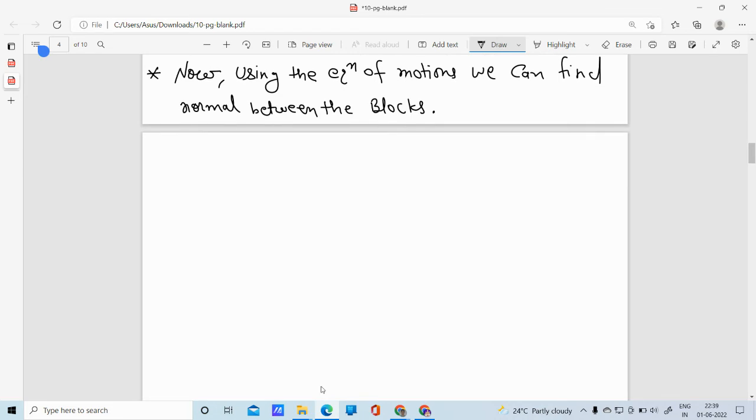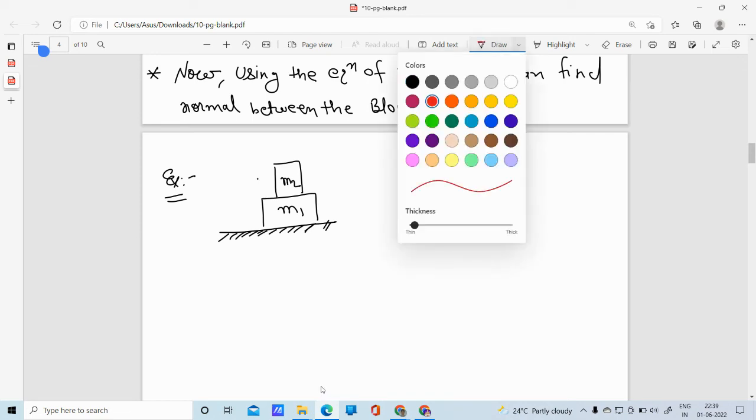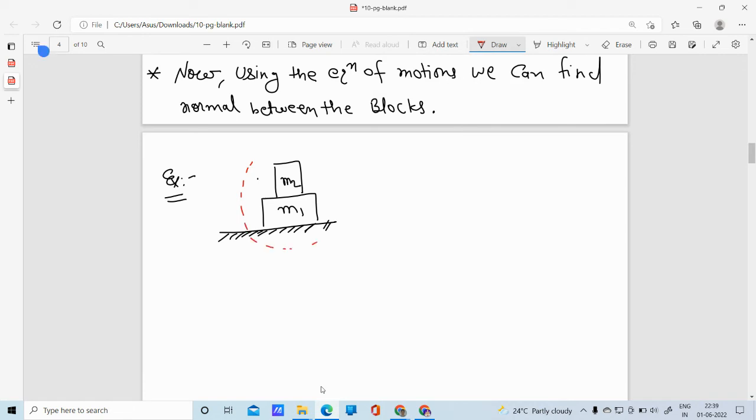So now again I repeat this example of how to find the normal. This is the surface, and a big block and a small block. This is M1, this is M2, and the whole system is moving with acceleration a.